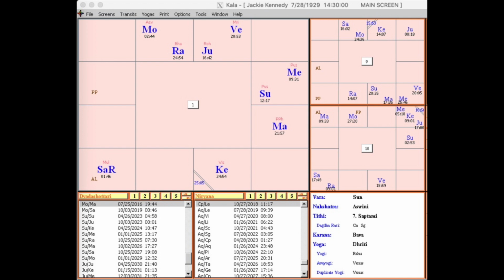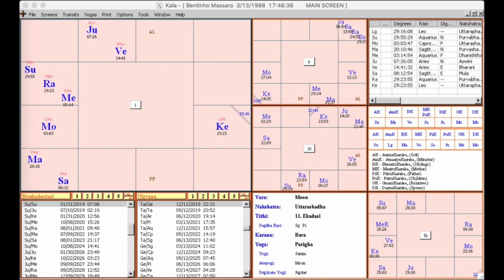So I'm going to open a different chart, and then I'm going to quiz you just on where the houses are. This should be easy. You guys can answer at any time.